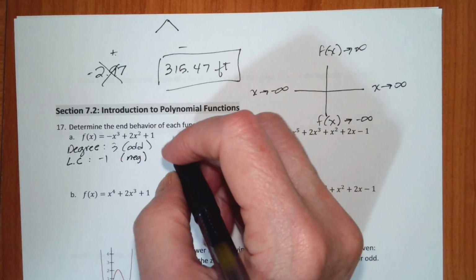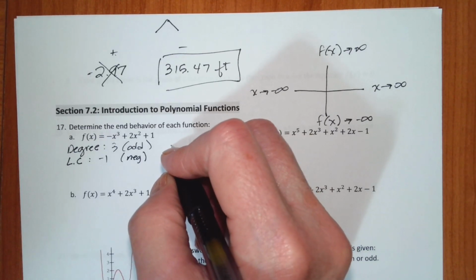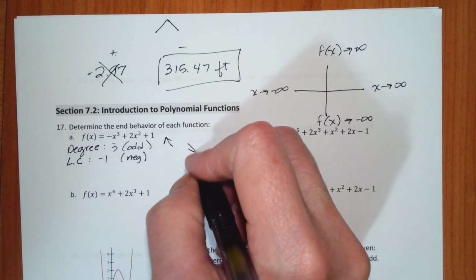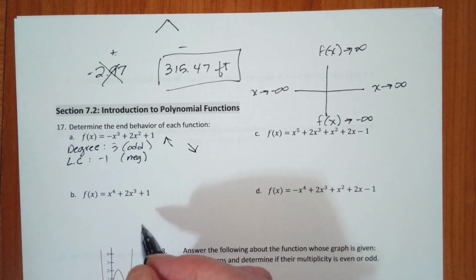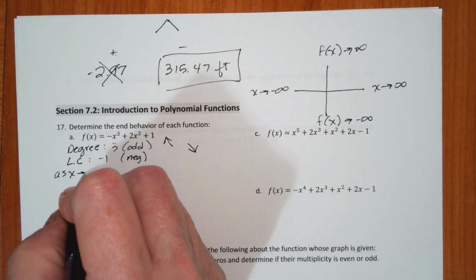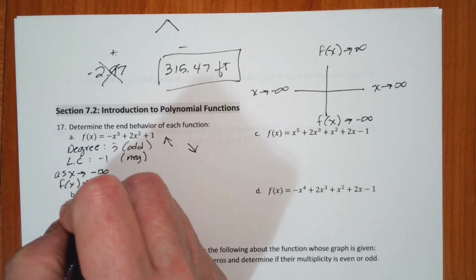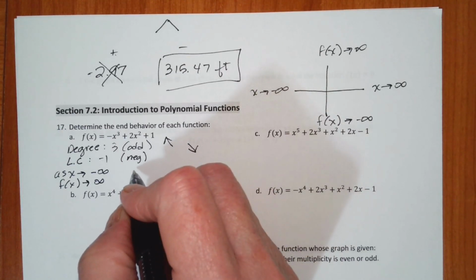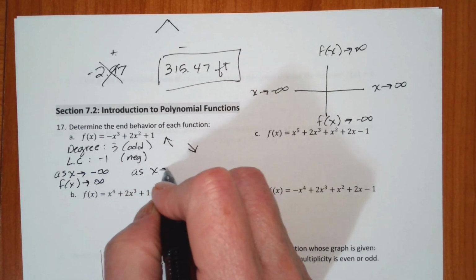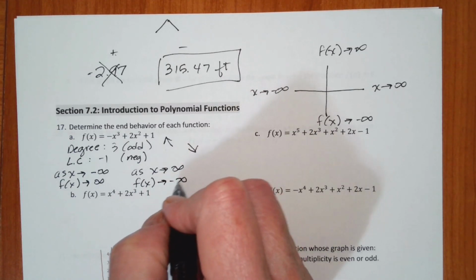So odd negative means on the left it goes up and on the right it goes down. In the appropriate notation, as x approaches negative infinity, f of x approaches infinity. On the right, as x approaches infinity, f of x approaches negative infinity.